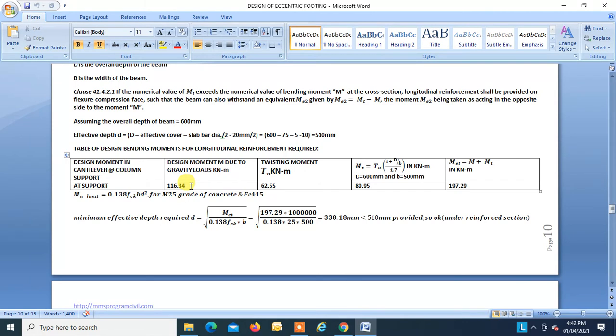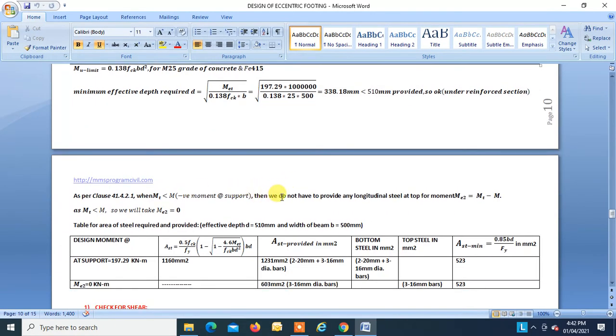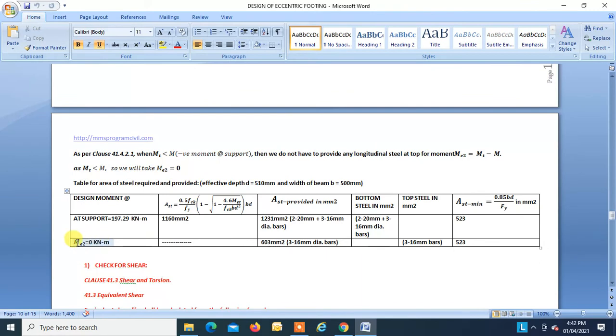There will be no additional longitudinal steel required at top for the moment Me2 equal to Mt minus M. So over here I have taken Me2 is equal to 0.